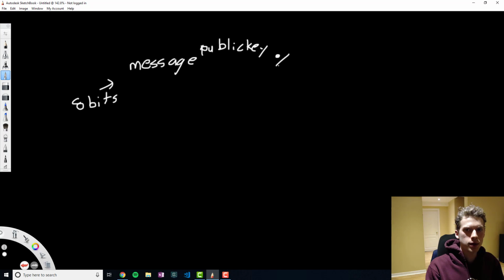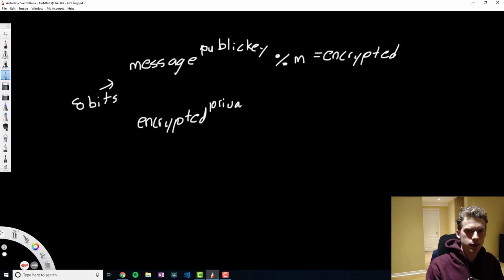And then you take the modulo of some special number, and you'll get the encrypted message. And if you wanted to decrypt it, well, you would take your encrypted message, you would raise it to the power of your private key, you would take the modulo of that, and you would get the message back out in plain text.